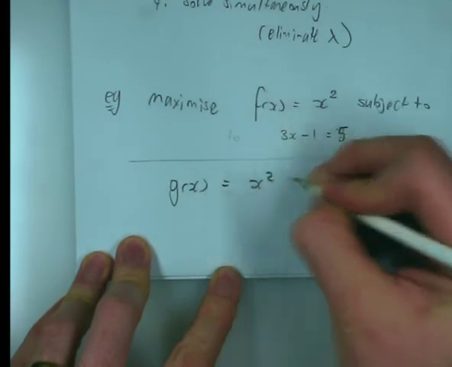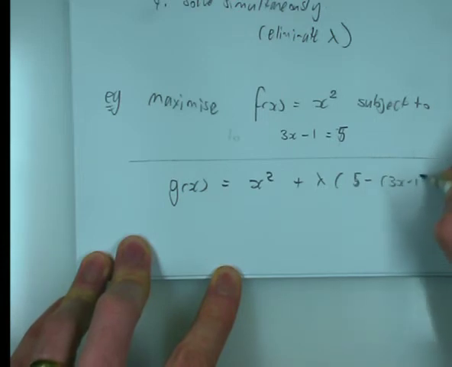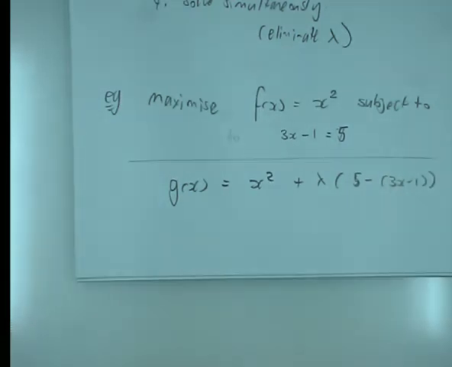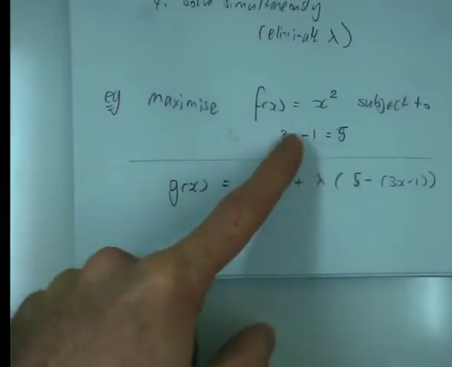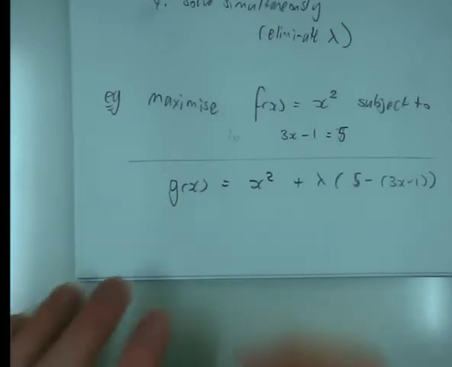So it's my original function plus lambda times the constraint. That's the traditional way of dealing with it. We take this function and we go answer minus the function. Then we differentiate.